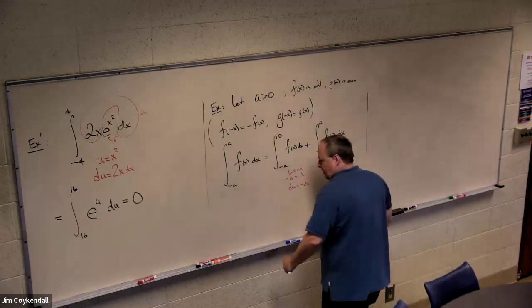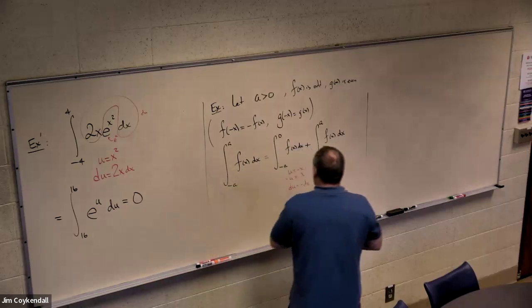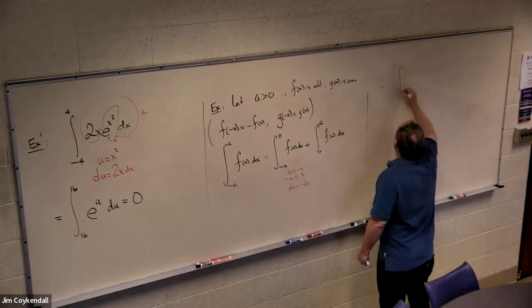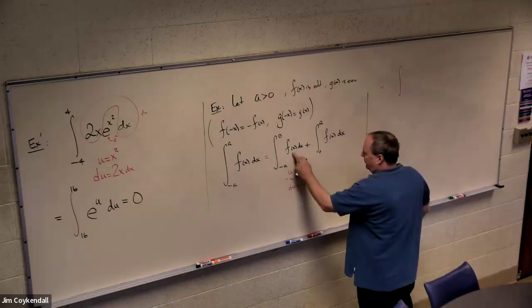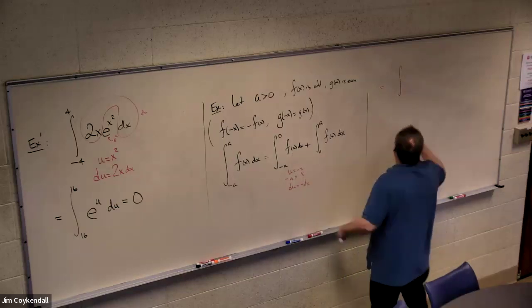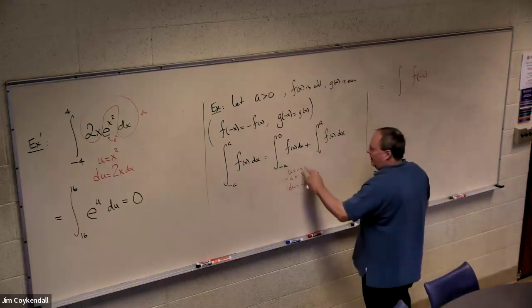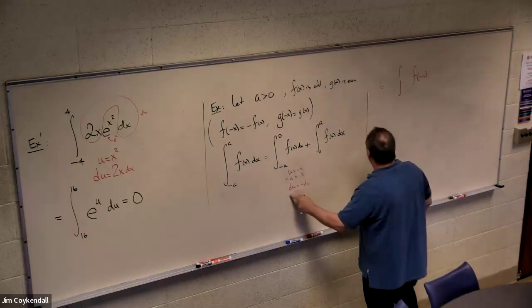Well, in the first piece, what I get is, let's see, this is going to be f of negative u. And instead of dx, I'm going to have minus du.